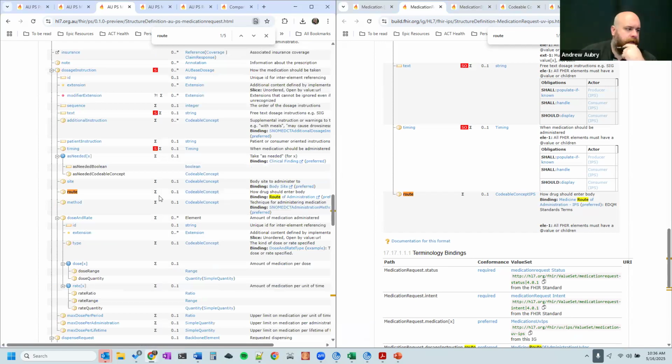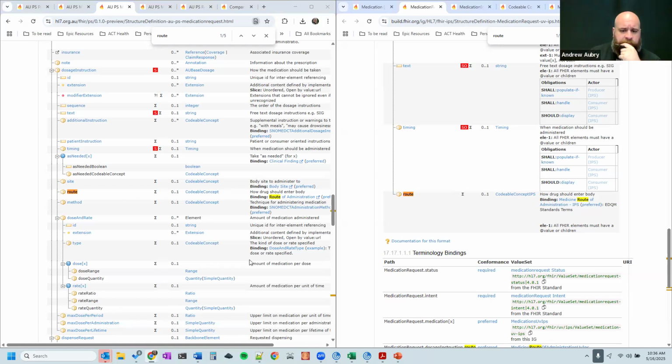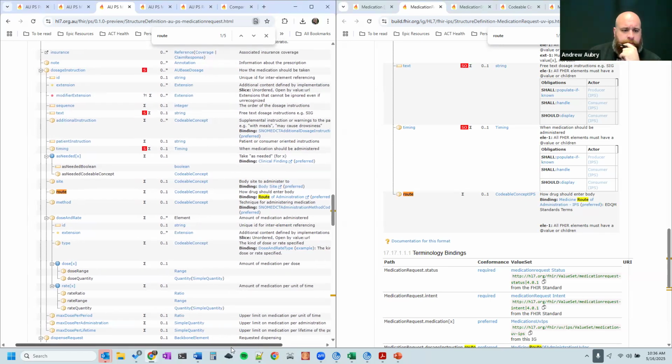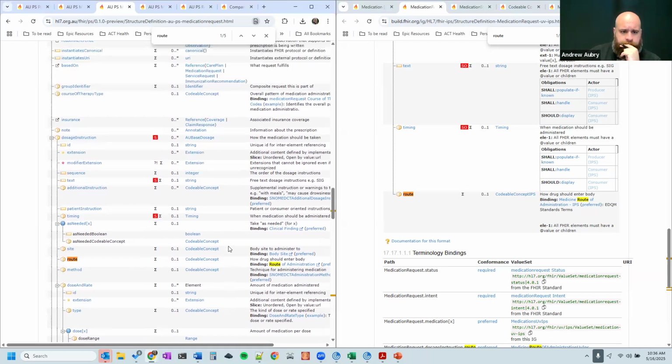So actually, route is actually not must support in IPS. Oh, it's a code. That's only a constraint, is it? No binding. Sub elements for that, but the overall element is not a must support.